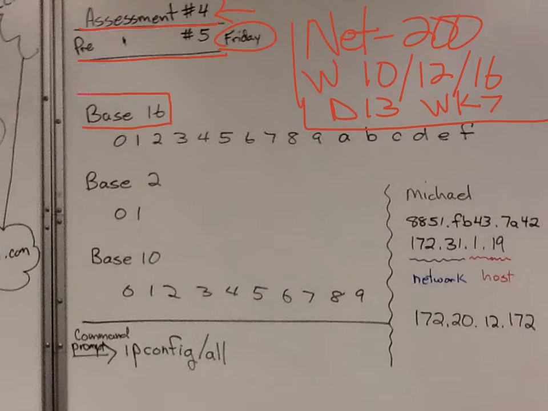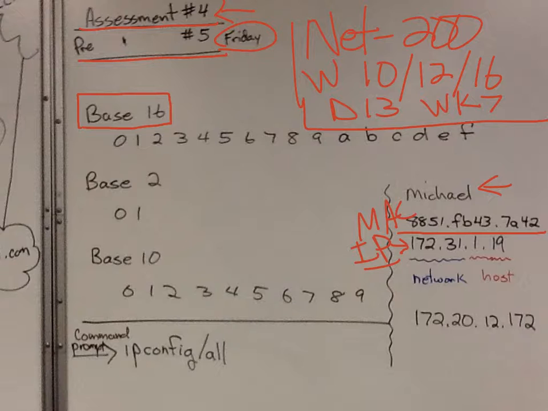We started looking at physical addresses. So this was a physical address in Michael's computer, and initially we matched it up with this IP address. So here was his MAC address, and here was IP address.